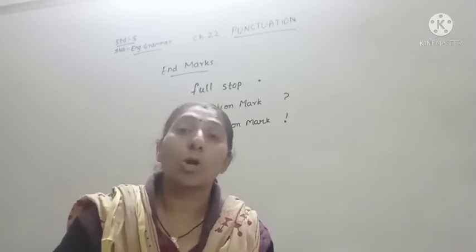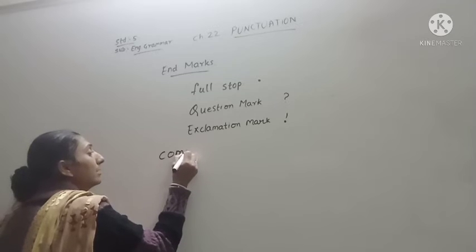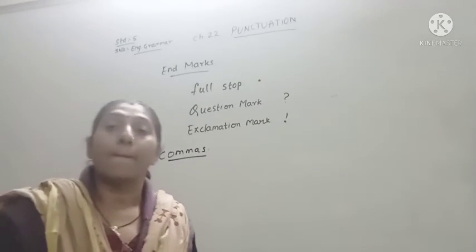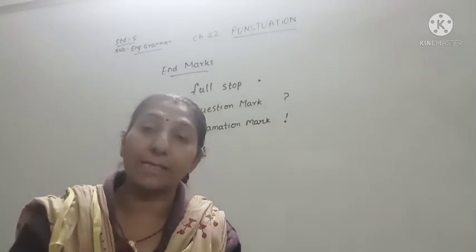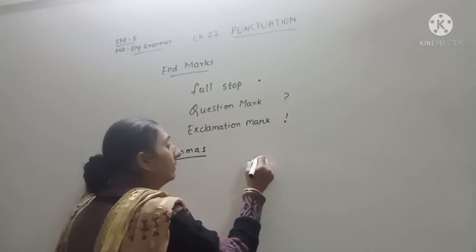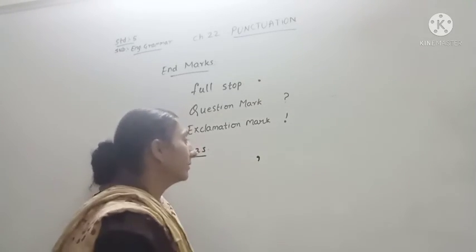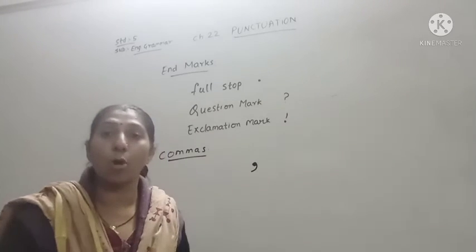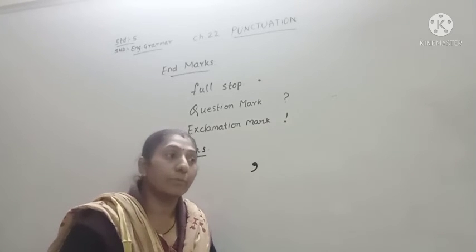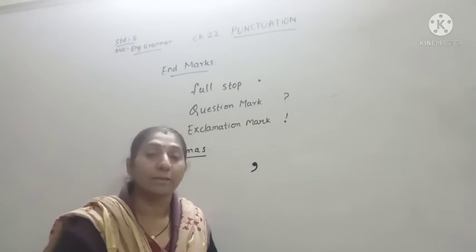Now the next one is commas. Now when do we use commas? Whenever we want to separate some things, some items, we use a comma. For example, how many fruits are there in the basket?